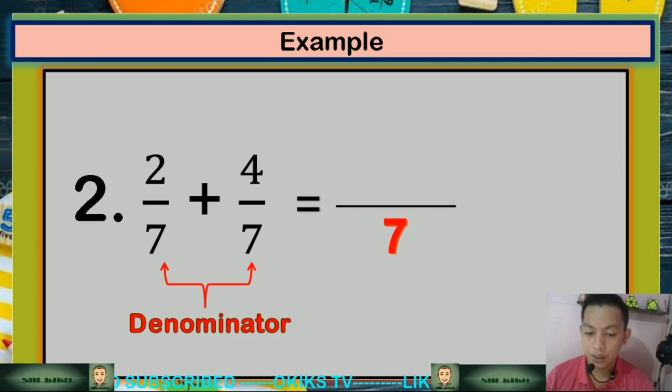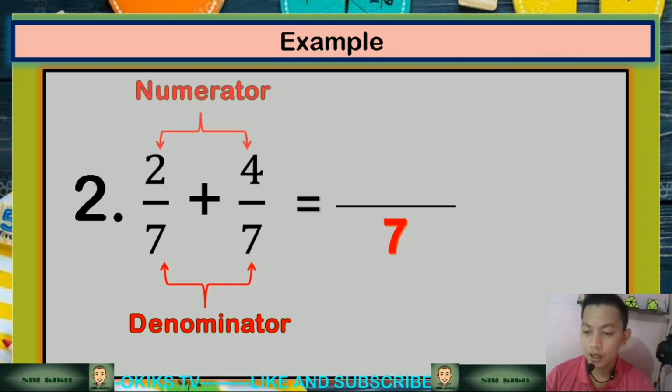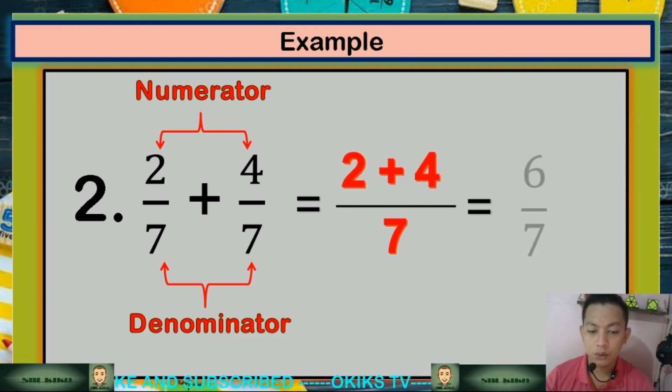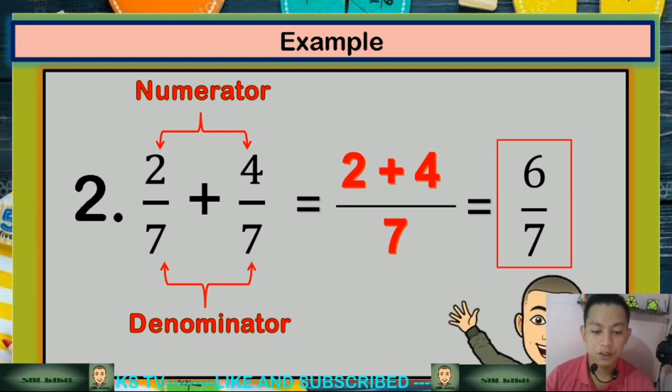So you just copy the denominator 7, and then add the numerators, 2 plus 4 is equal to 6. So you have 6 sevenths. You're going to simplify this one. Is there any common factor between 6 and 7? If none, this would be your final answer.